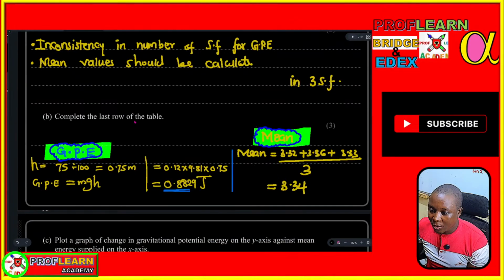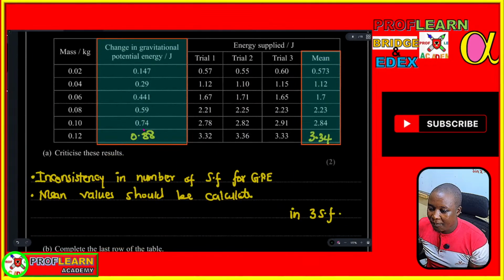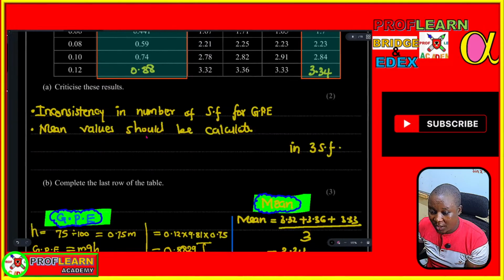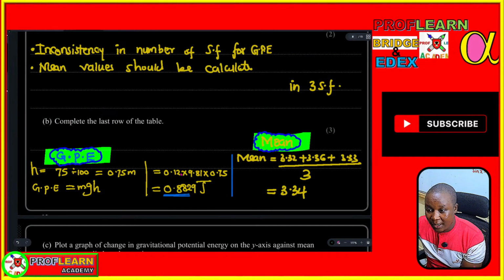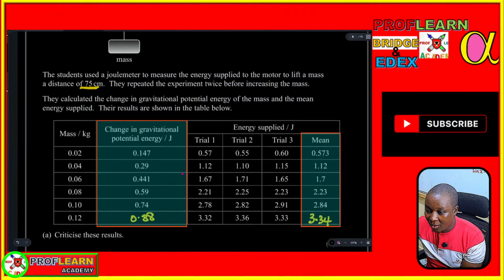Now complete the row. You may be given a question to complete the row or the information missing. Basically, like for instance here, they are trying to check, do you know how to calculate gravitational potential energy? That's the concept they were trying to check. So gravitational potential energy is equal to mgh, and you have to ensure that the measurements taken are in the correct units.